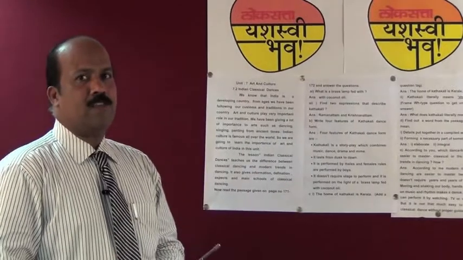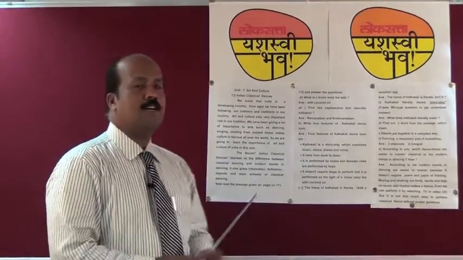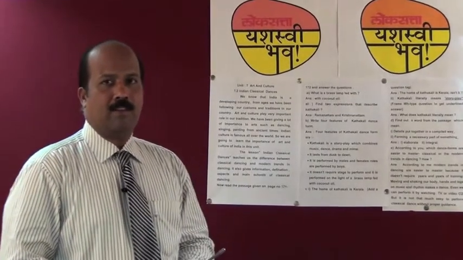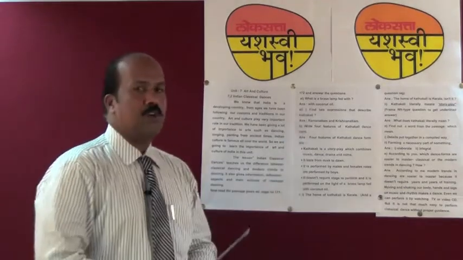So the first question, it is A1, a simple factual question: what is a brass lamp fed on? We know that the answer should be in a word or group of words. Definitely the answer will be with coconut oil.